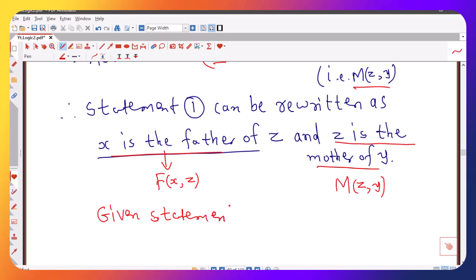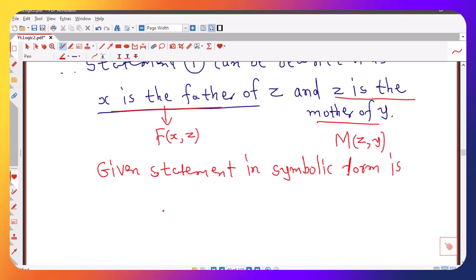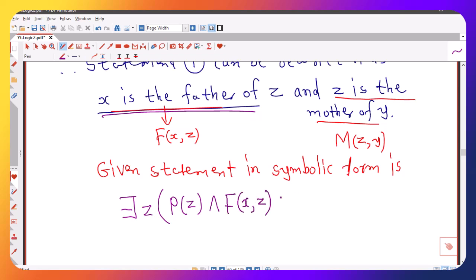So using this we can write the given statement in symbolic form. We will use the existential quantifier because we assume that there exists a person z such that z is a person as well as x is the father of z, that is F(x,z), and z is the mother of y, that is M(z,y).